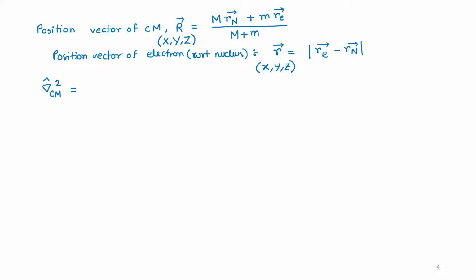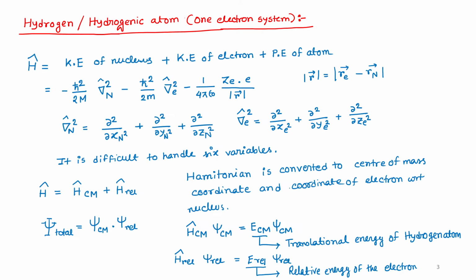So you may have the question that from 6 variables, we are again going to reach 6 variables. So what is the benefit? That is what I told you: ultimately when we are able to do that, one part of the Hamiltonian will give the translational motion of the hydrogen atom as a whole. So we will not be worrying about that.